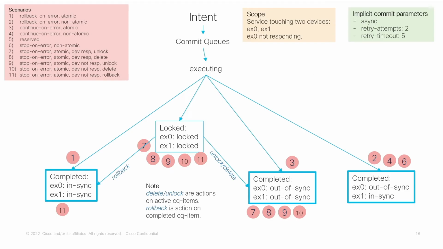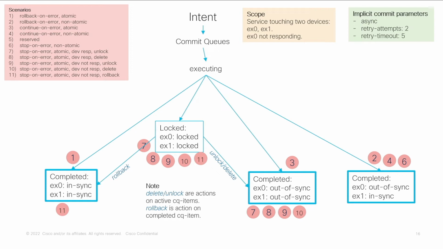Push the right button. Up there I have created some scenarios that are actually a combination of these commit queue flags. So I have atomic, I have rollback on error, in a number of combinations, and you see a number there. That number is also important to the last slide as well. And I also have a reserved one to make this important.